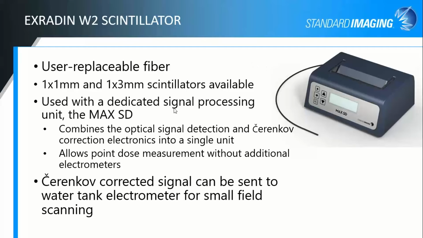There's a question, does the W2 and the blue CalJig fit in the universal detector holder for the Sun Nuclear 3D tank? Yes, the W2 does. I'm not sure if the universal holder on the Sun tank will hold a vertical plug or a stem like for a scanning diode, but there is a workaround for that as well.